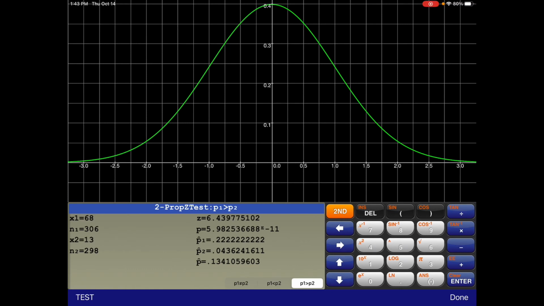From there, you will get your test statistic, which is z, and you also get your p-value, which if you notice, it would round to 0 because it's 5.98 times 10 to the negative 11th.